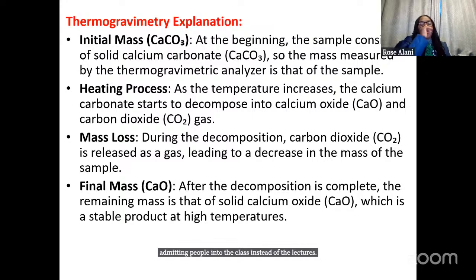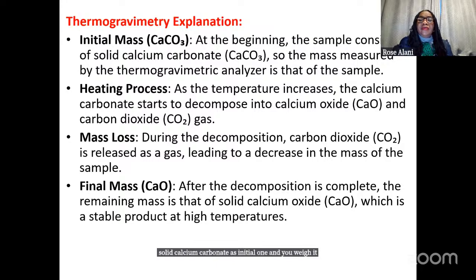So how does this work? I mentioned that you have the initial mass of your calcium carbonate, and at the beginning, the sample consists of solid calcium carbonate. That's the initial one, and you weigh it.